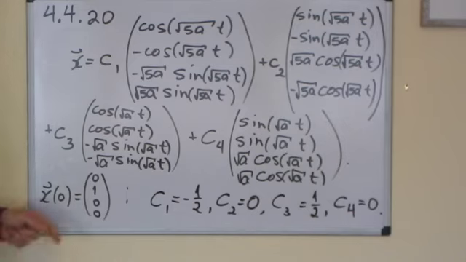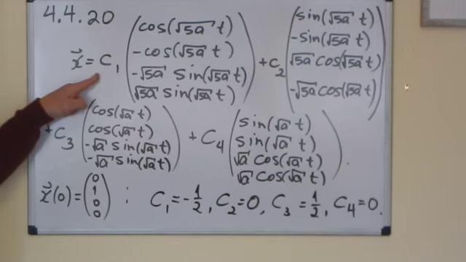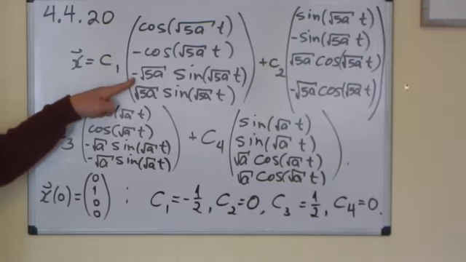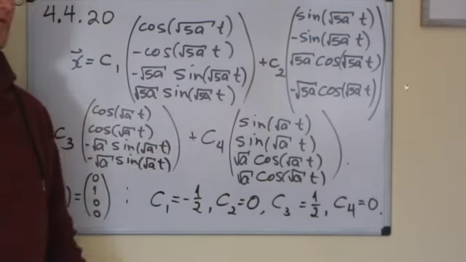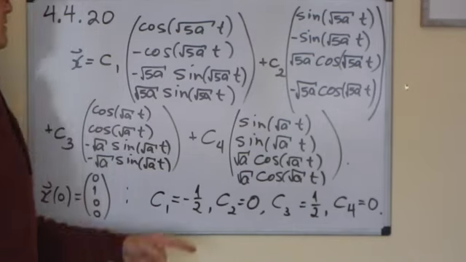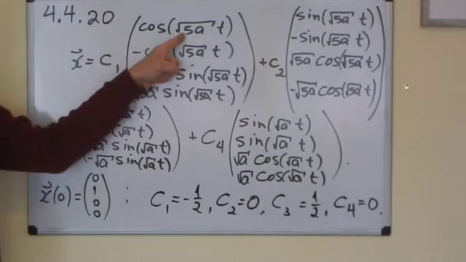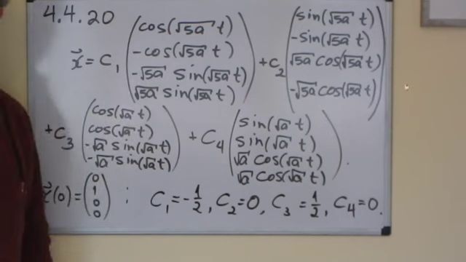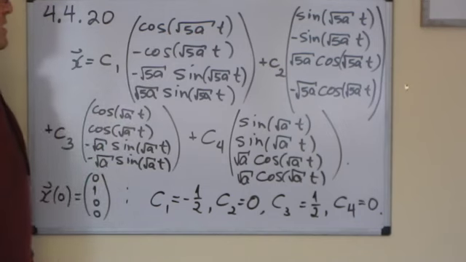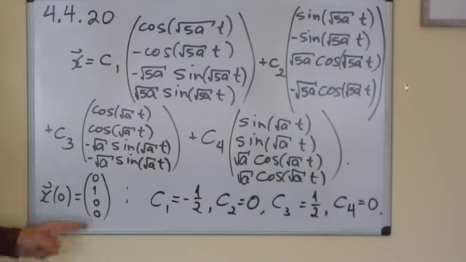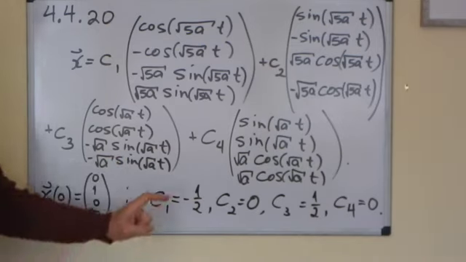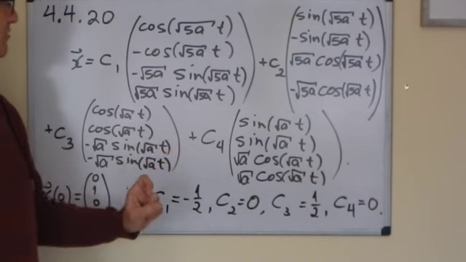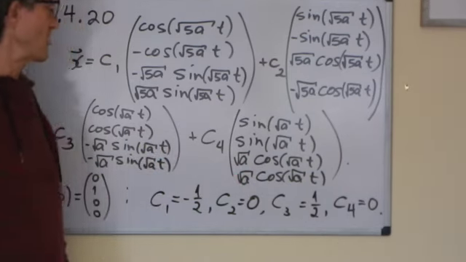So we have the general solution: constant times the one eigenvector, constant times the second eigenvector, both of these corresponding to the oscillatory factor from the square root of 5a times i in the eigenvalue, and then C3 times the third eigenvector, third solution, and C4 times the fourth solution.